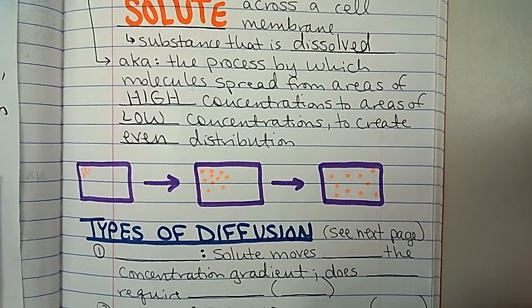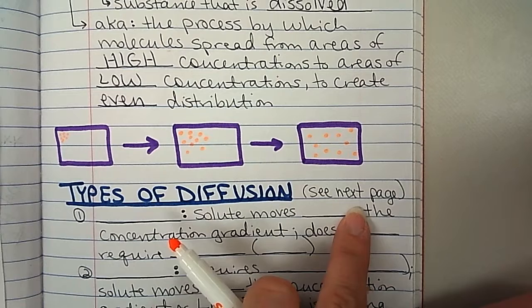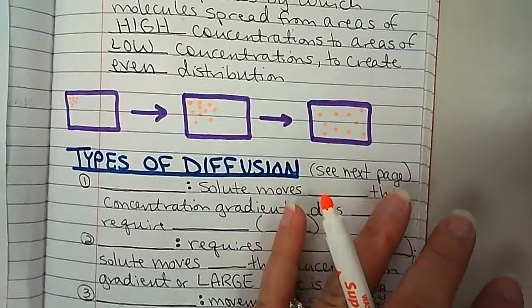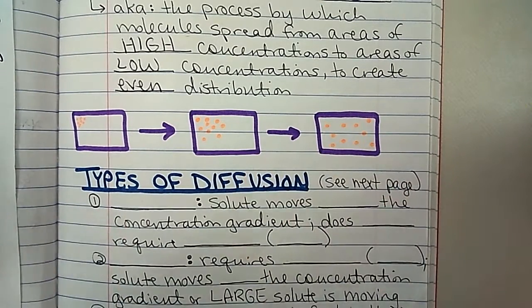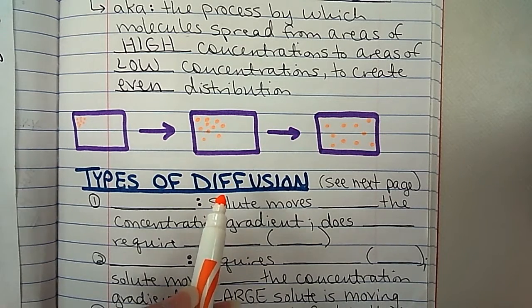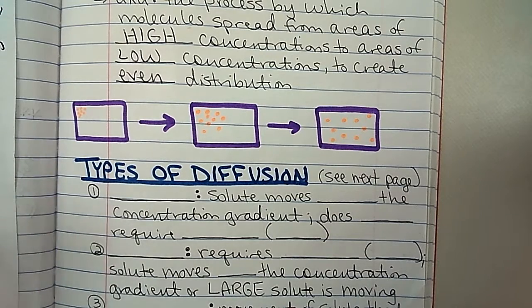Different particles diffuse through membranes. You're going to have a paper on the next page that I'll just show you on this video, and then you can pause it and put it together. That paper shows you all the different types of diffusion. If we did not have diffusion through our cells, then everything that we breathe in would never exchange.